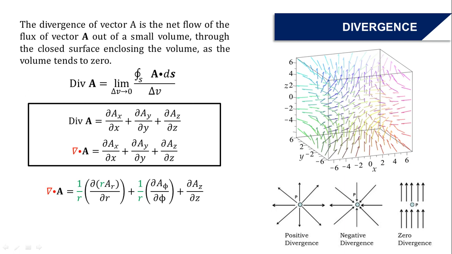So, mathematically speaking, ito yung ating definition ng divergence. The divergence of vector A is equal to the limit as the volume reaches zero of the closed surface integral of the vector A divided by the change in its volume. Okay?